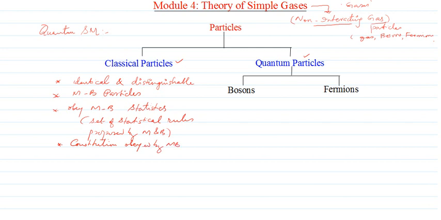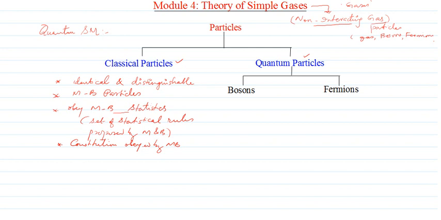Every classical particle is bound to obey the set of rules, and they are not permitted to violate any of the rules given by Maxwell-Boltzmann statistics. That is the meaning of obeying MB statistics.